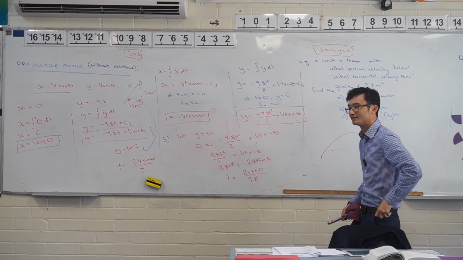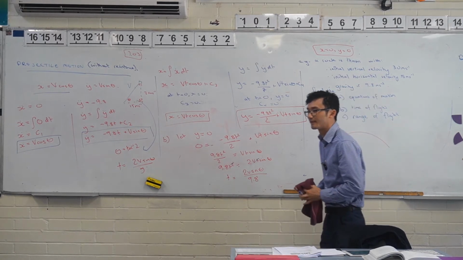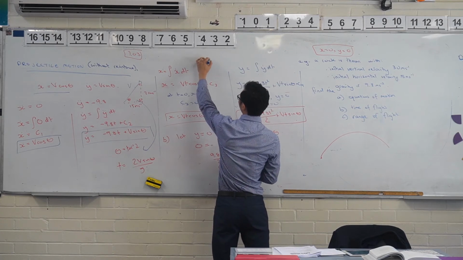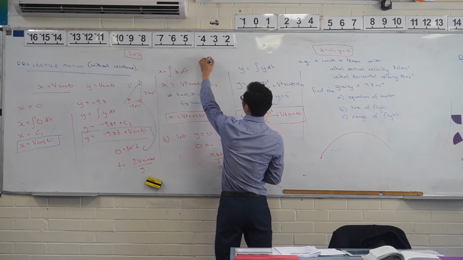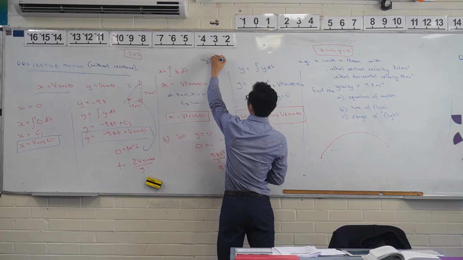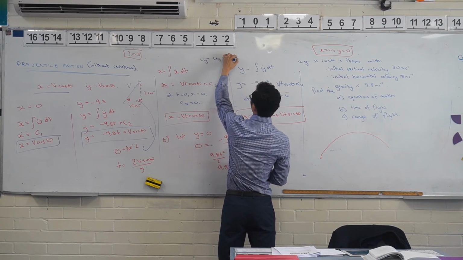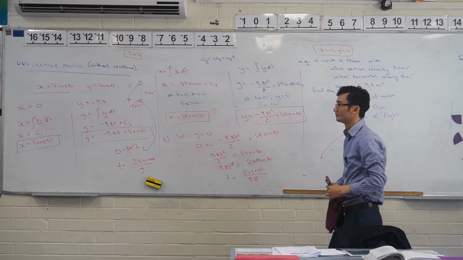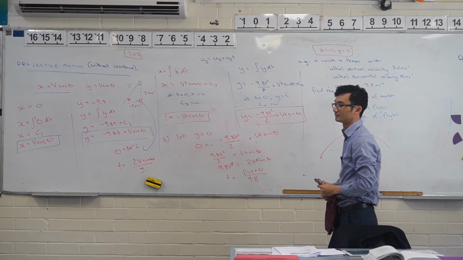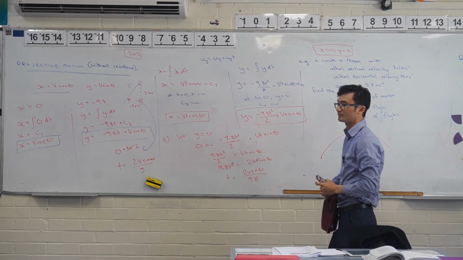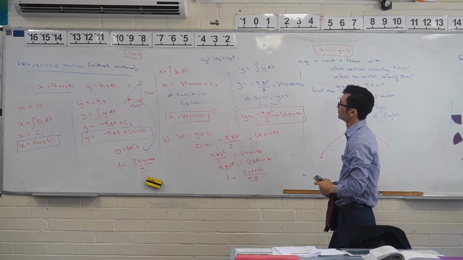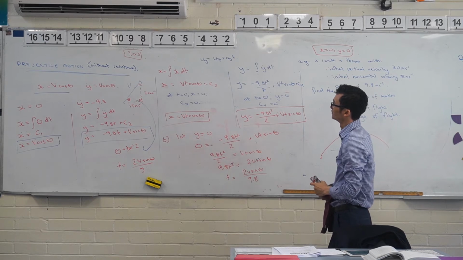Is there another way? Yeah, if you use v equals u plus at, like vy equals uy plus at. Initial will be v sine theta, and then vy would be 0, because that's when you go to the max height.